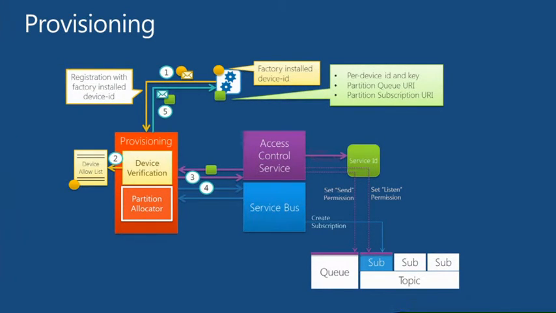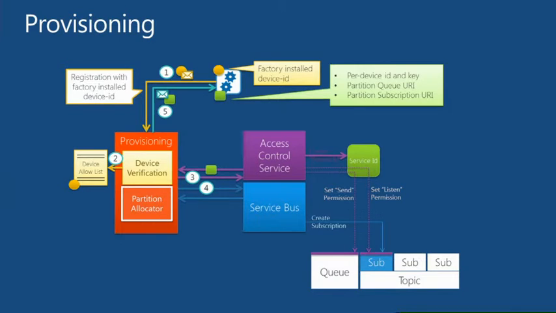So you don't want to over provision with more than 50,000 service identities in an access control namespace. And therefore, it makes sense to constrain it to about 50,000 devices that can hang on one of those scale units. But that's a general model that you can use for device or app provisioning, where if you need to have access for a particular device to a set of resources, then you can use that pattern to go about that.